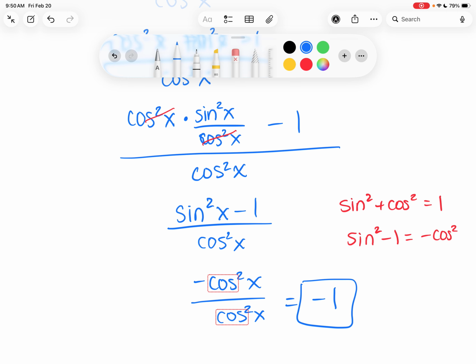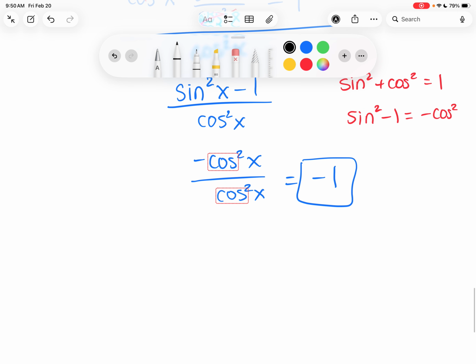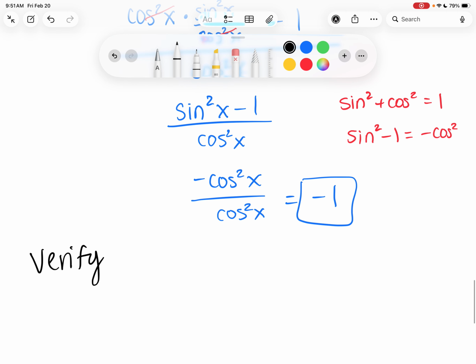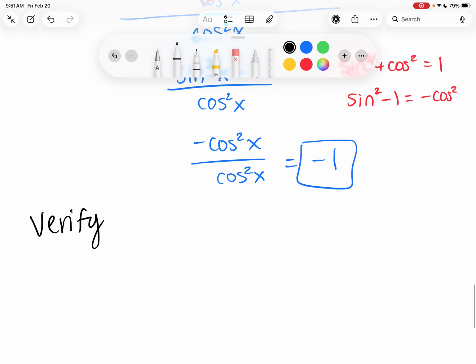Okay, so the instructions on those was to simplify. The next thing is verify. Even more difficult? They could be, but they actually could be easier. On these ones, we're simplifying to get down to what we hope is the most simplified answer. On verify, they tell us what it's supposed to be equal to. We just have to show that it's equal to that.